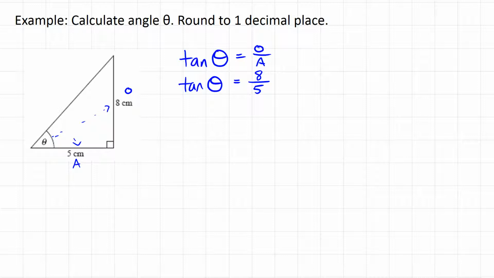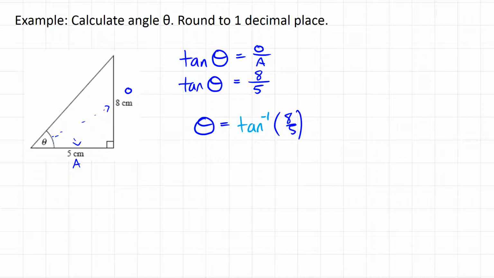We're going to use our inverse tan function, which is tan -1 of 8 over 5. Now you could either type that in as tan -1 of 8 over 5, or you could do 8 divided by 5 and get a decimal, and then type in tan -1 followed by that decimal value, whichever way you're most comfortable.